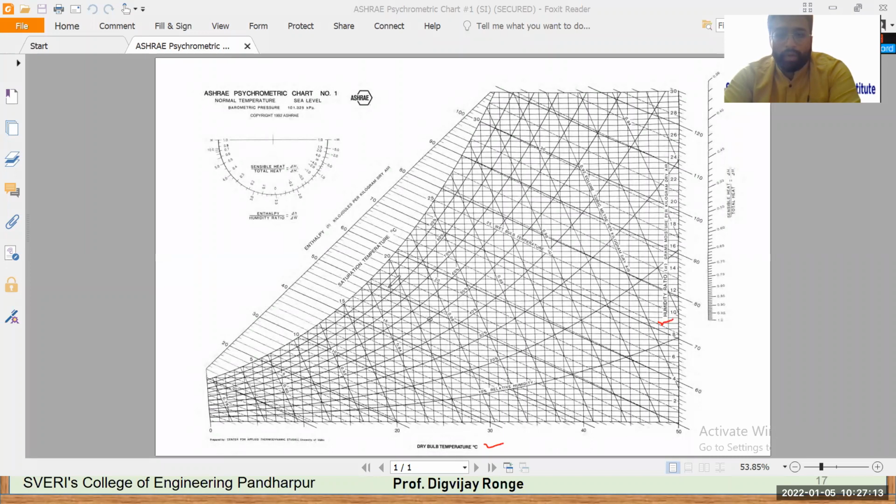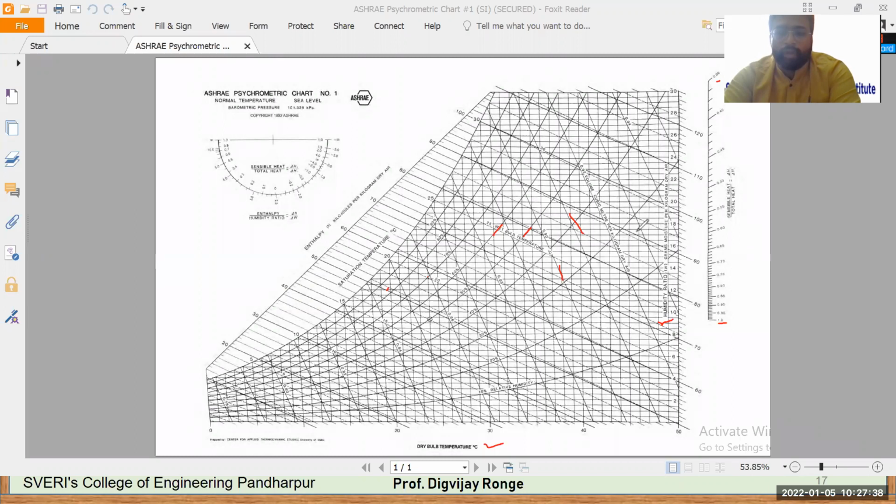Again here we have RH curves like this, then constant enthalpy lines, then constant volume lines. Next is the scale for room sensible heat factor. Here we have the RSHF scale. You can see it starts with 1 and ends with 0.36, so it goes on decreasing.